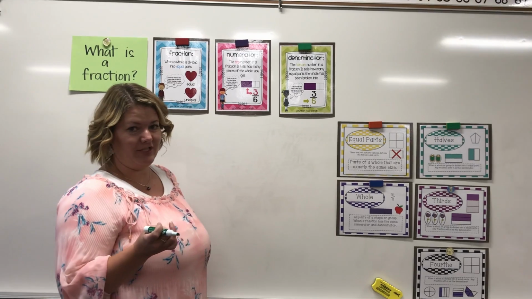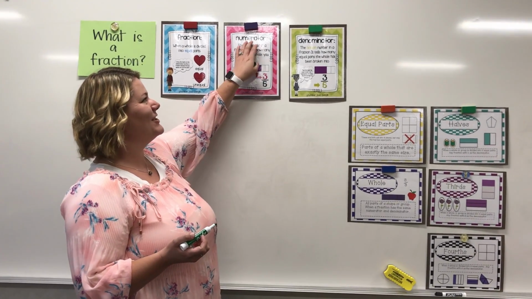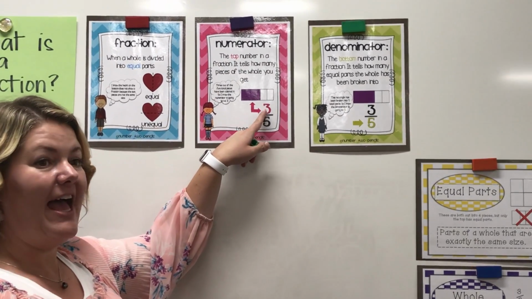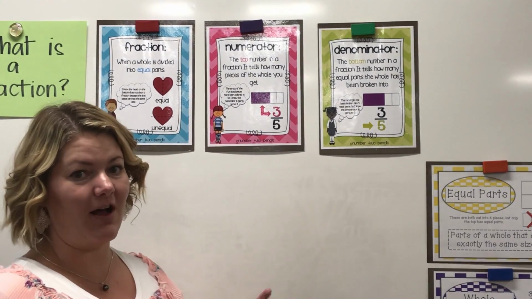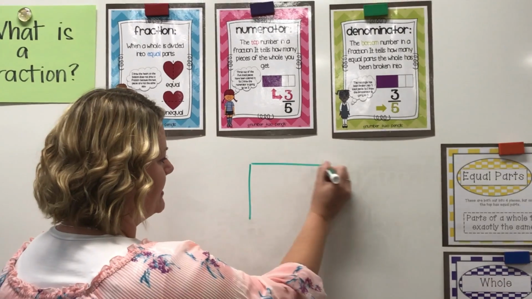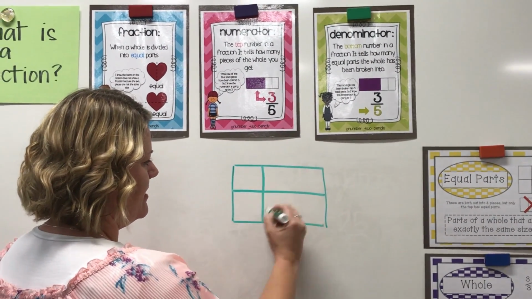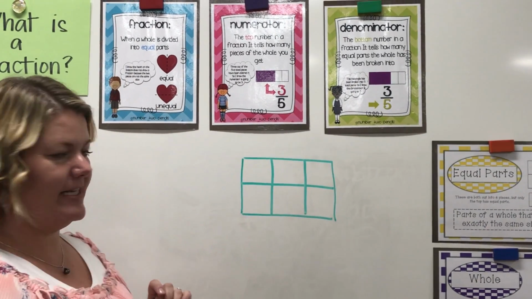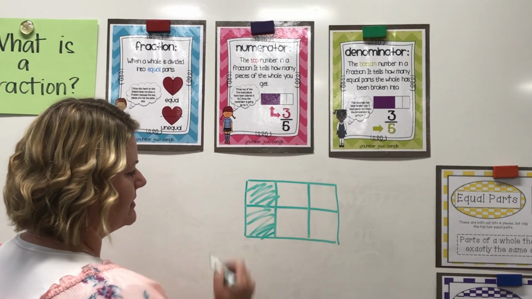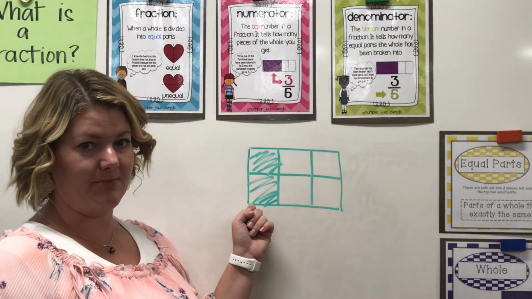How to read a fraction is kind of important. You've got the numerator, which is the number on the top of a fraction, and that is how many pieces we're talking about. So if I drew a picture of a rectangle and divided it into 6 equal parts and shaded in 2 of those parts, the numerator would be 2 because that's how many pieces I'm talking about.